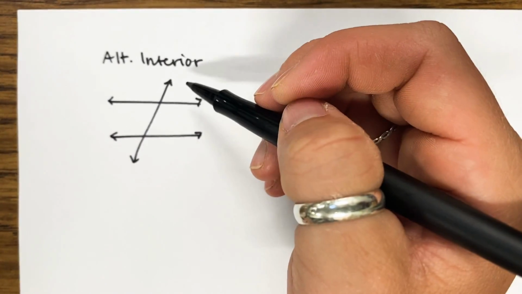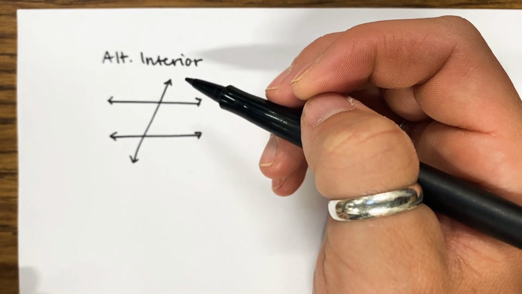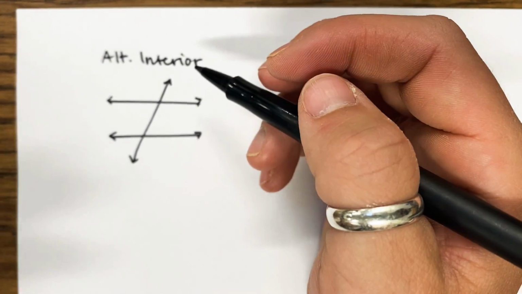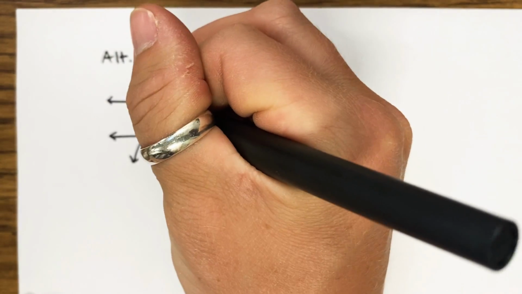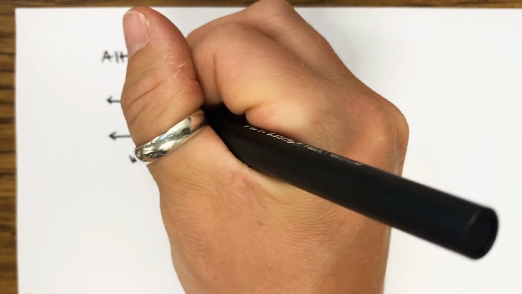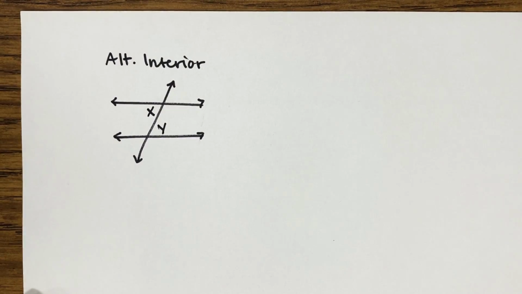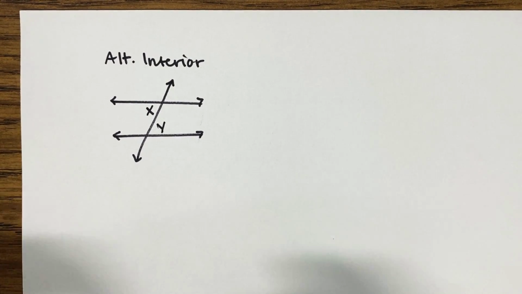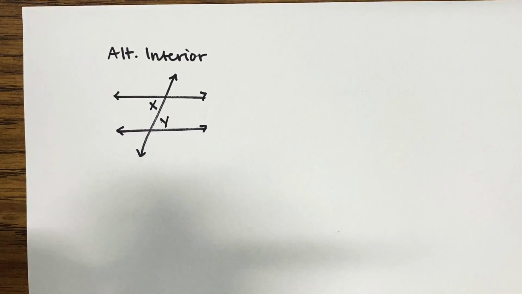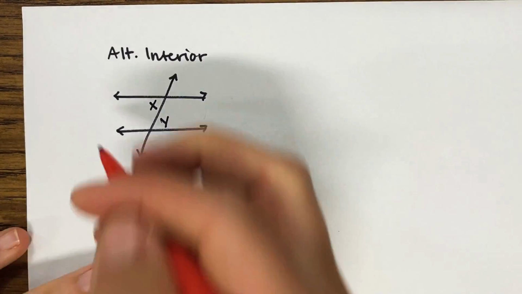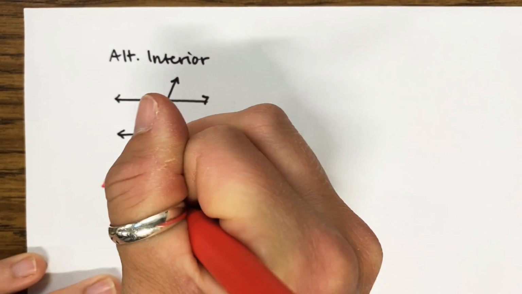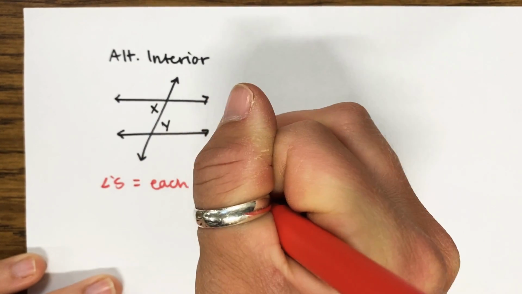Interior means that they are going to be on the inside of my parallel lines. So alternate interior, one is right here on the different side and one is right there. Okay, and then let's go ahead and write that these angles equal each other.